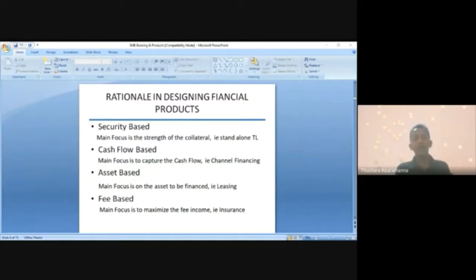Though it's cash flow-based lending, it's just good. We all depend on the cash flows, but we try to secure a position through collateral. That's another important point. Okay, fine.